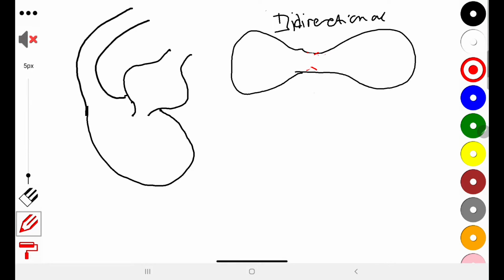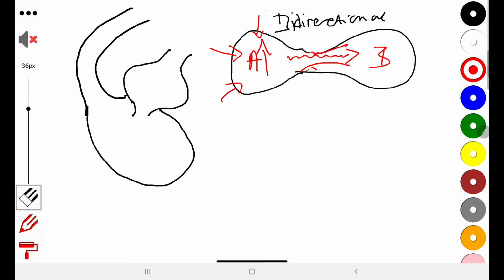So we have chamber A and chamber B. Now, if we have increased pressure in A, you find that the valve is going to open this side, so that whatever is in A can go into B. All right?